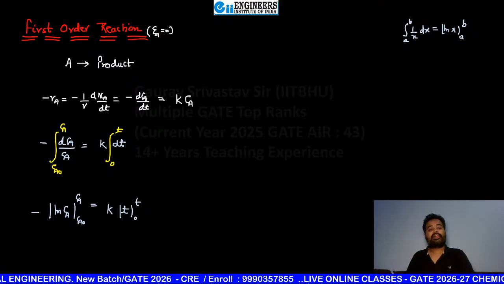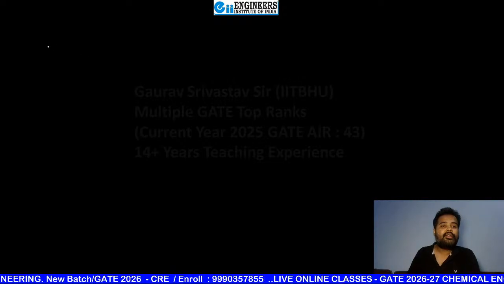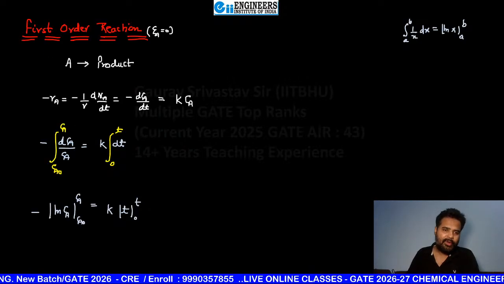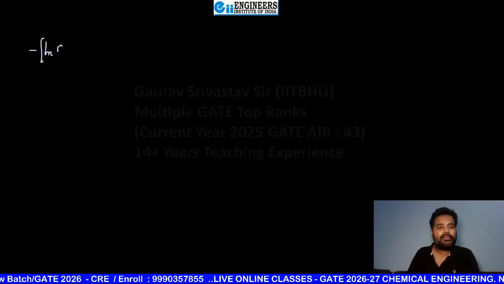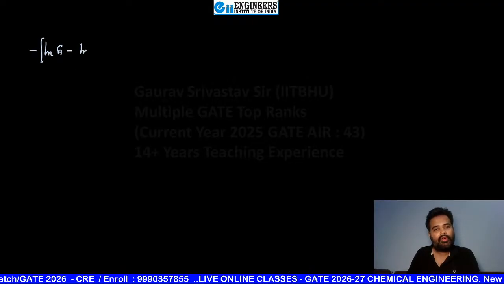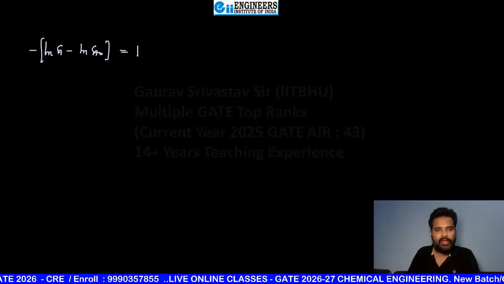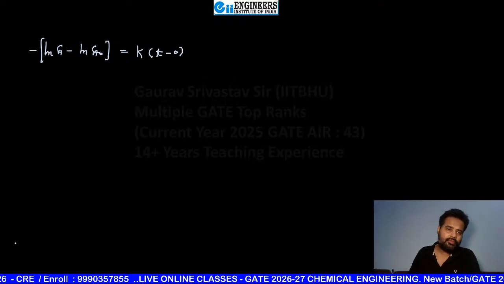Minus will change upper limit to lower, lower to upper. So again you can write it like, or just write minus upper limit is Ca, so ln of Ca minus ln of Ca naught equals kt minus 0.